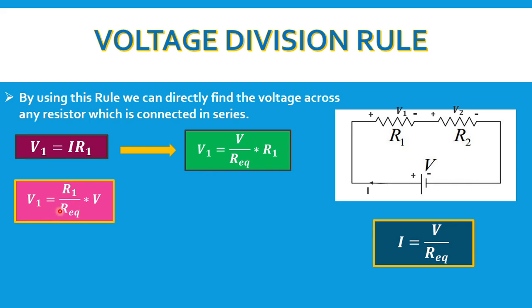If we have to find the voltage across resistor 1 and the supplied voltage is given, we can directly find V1 by using this formula. What is R equivalent? R equivalent is nothing but R1 plus R2. So V1 becomes equal to R1 upon R1 plus R2 into V.